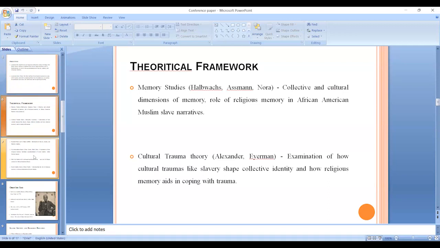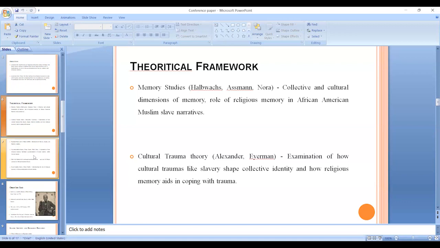The theoretical framework that I'm going to use for my study is mainly memory studies: Maurice Halbwachs, Aleida Assmann and Jan Assmann, and Pierre Nora, who spoke about the collective and cultural dimensions of memory, and the role of religious memory in African American Muslim slave narratives.